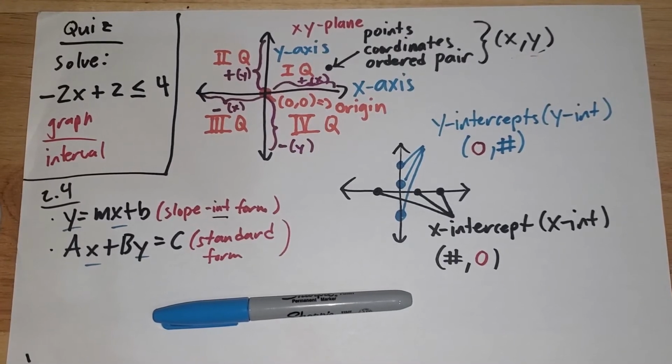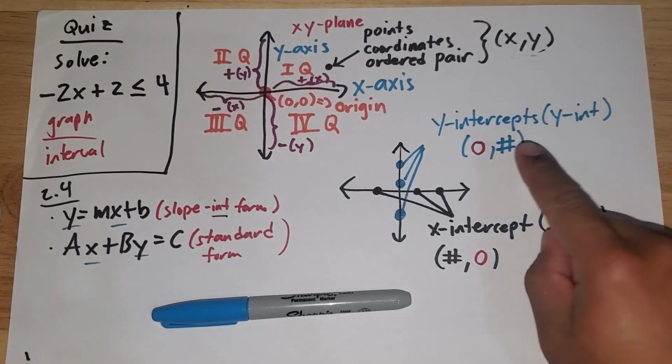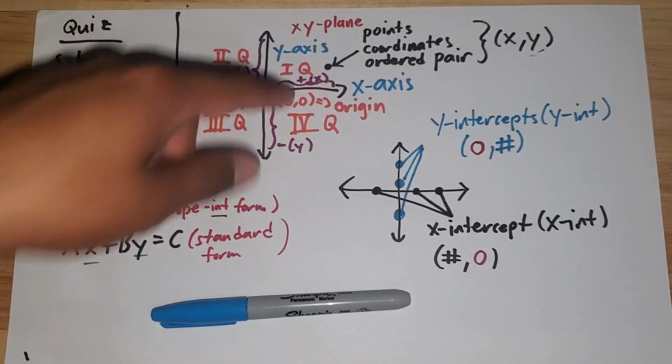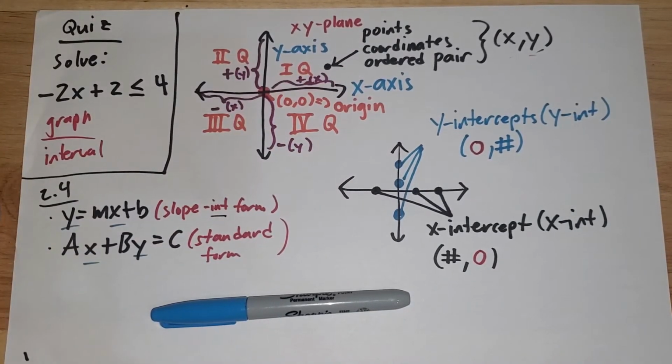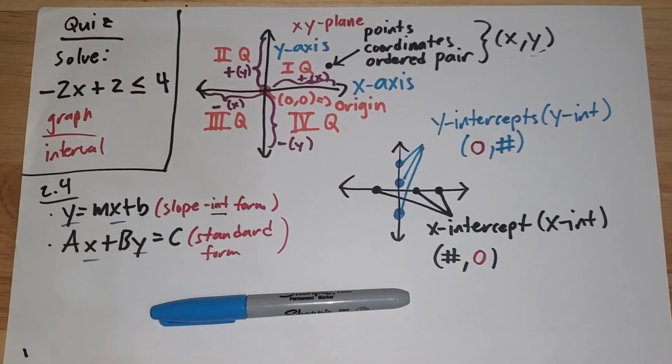And I'm going to bring back this idea throughout this entire course. So it's good to remember some of these terminologies that maybe we haven't seen in a while. But here we have, again, the x and y plane, or some people call it the Cartesian plane. This is the first, second, third, fourth quadrant.